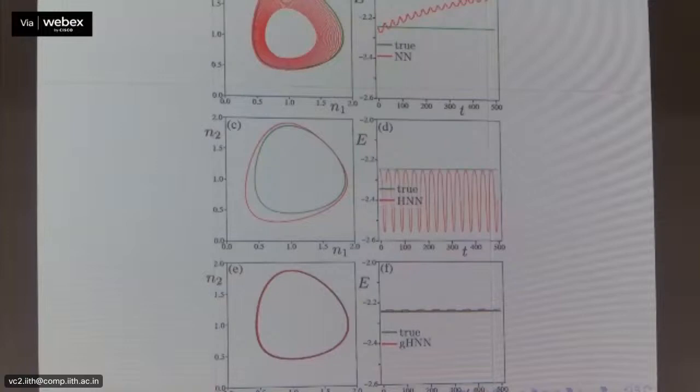Because you gave it coordinates which were not canonical. It was trying to fit a Hamiltonian function to a set of coordinates which were not giving that function. So it was trying to do something which was not correct. It was unhappy. But if I put in my enhancers, given just these two populations, it managed to find that middle layer.